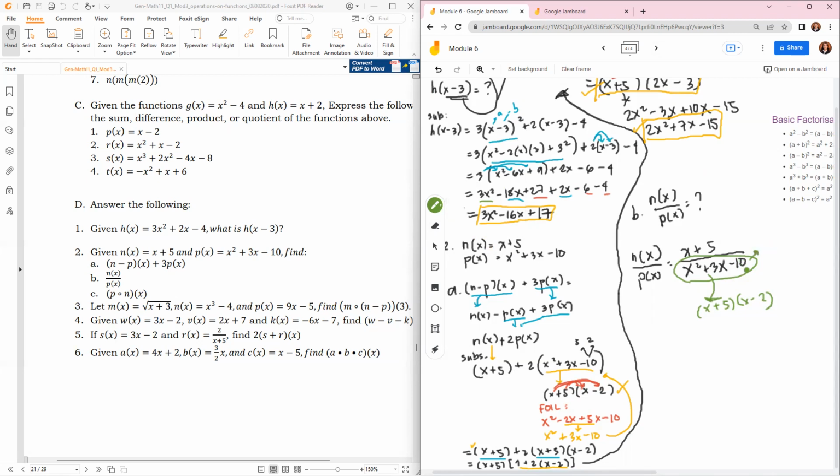Of course, 10 can be factored as 5 and 2, right? So there is a possibility that the last terms are also 5 and 2. Next, we look at the middle term. Can the numerical value 3 be expressed as either a sum or difference of these two numbers?